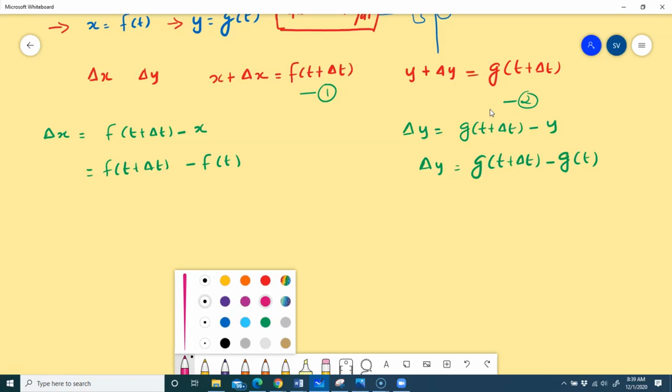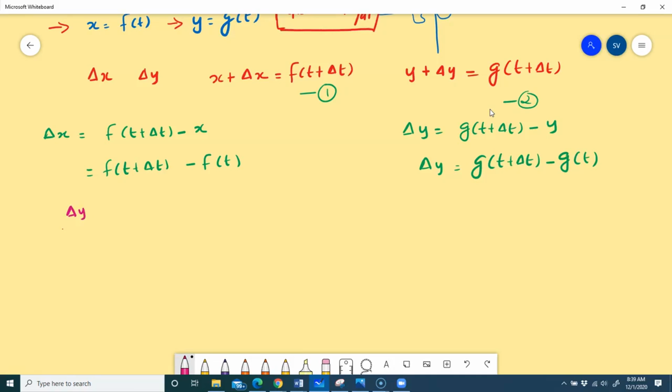So we can first find the change in y over change in x on increments, that is delta y over delta x. We know what is delta y. Delta y is g of t plus delta t minus g of t, over delta x, which is f of t plus delta t minus f of t. Now I'm going to divide the numerator and denominator by delta t.